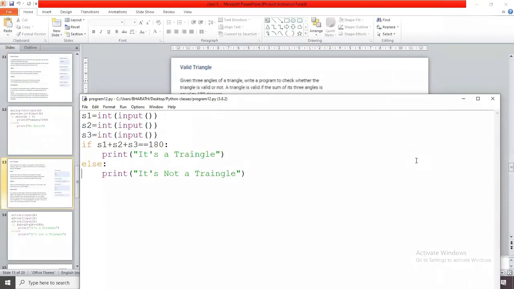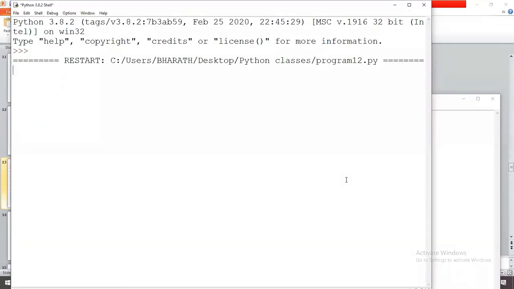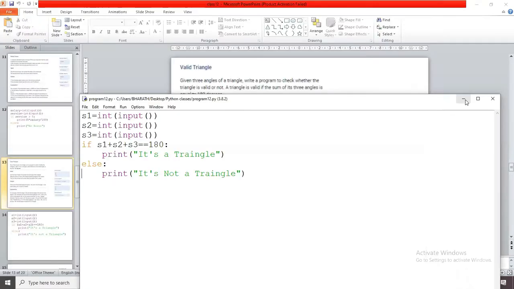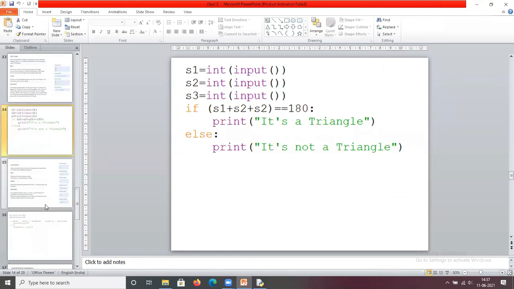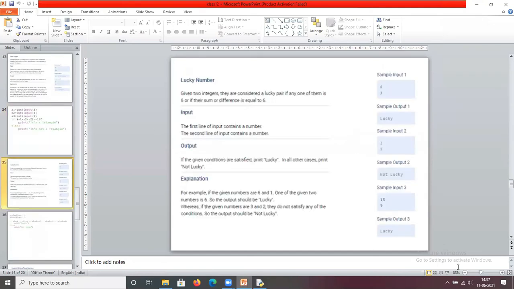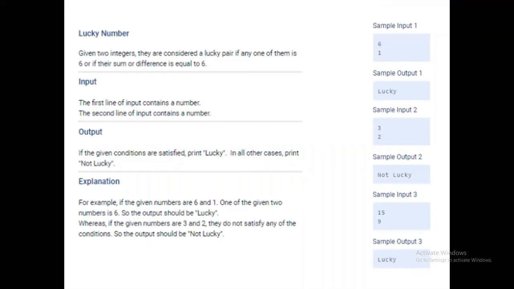We execute one more time. If I give 40, 80, 60, it's a triangle. Why? The summation of these three angles, 40 plus 80 plus 60, equals 180, so it's a triangle. Okay, so this is the solution. So we move to another problem.